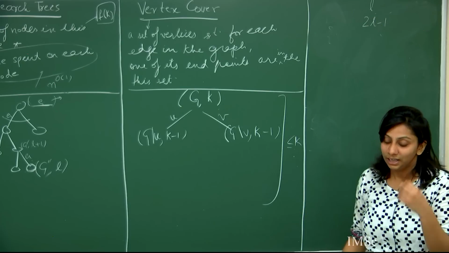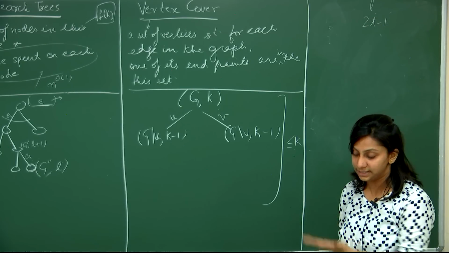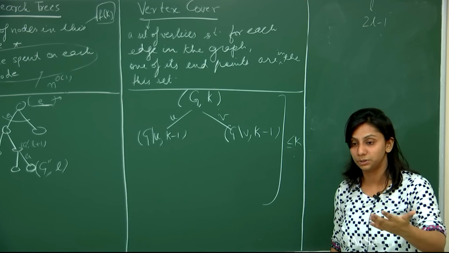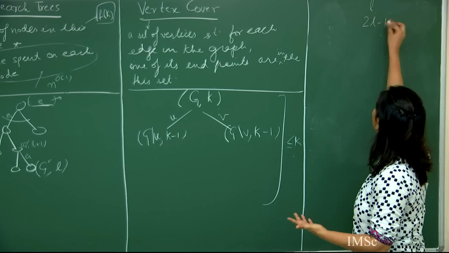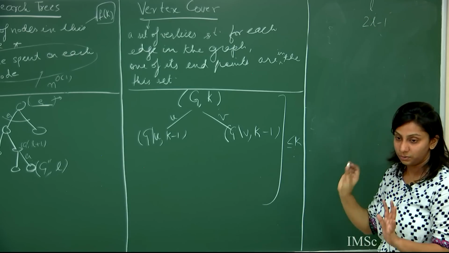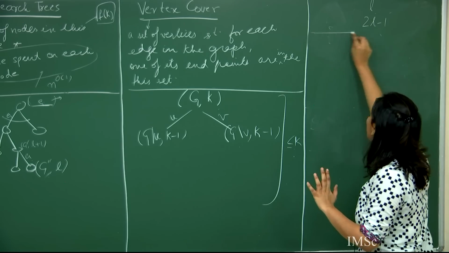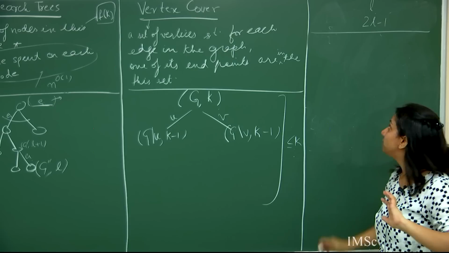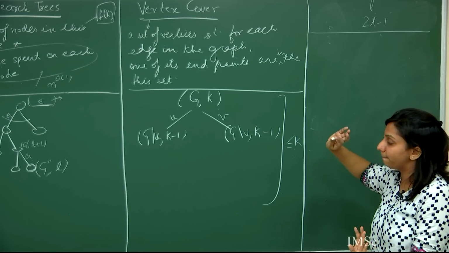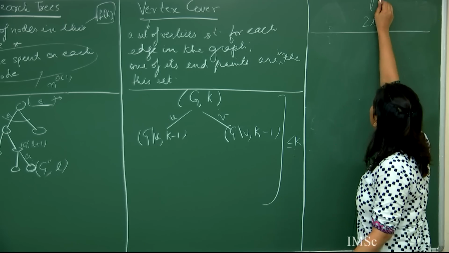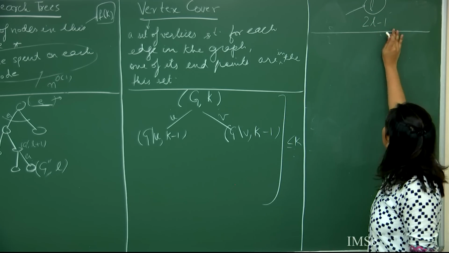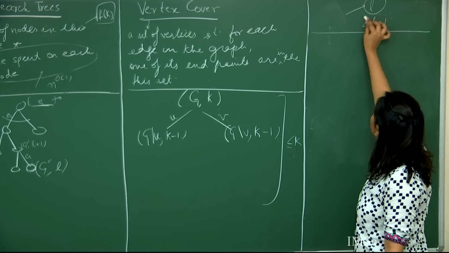Basically, the number of internal vertices cannot be more than L minus 1, and hence the total number of vertices is 2L minus 1. This is a standard graph theoretic result, and it's very easy to prove. If you give me a bound on the number of leaves, I know the total number of nodes in the tree is bounded by this number.